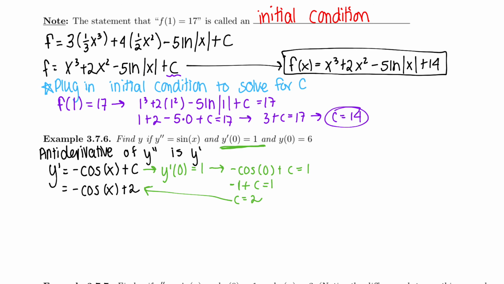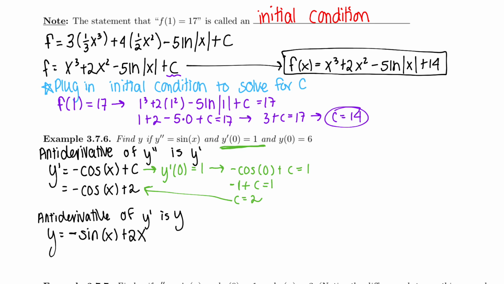Then you're going to the next layer. So you're taking the antiderivative of y prime, which would give you y. So I'm using this function right here that I already have and taking the antiderivative. The antiderivative of cosine is positive sine. So negative sine x. Antiderivative of 2 is 2x, and then plus c.